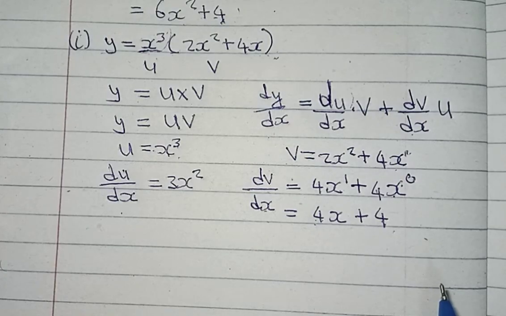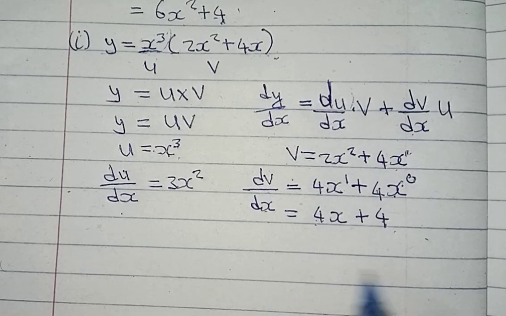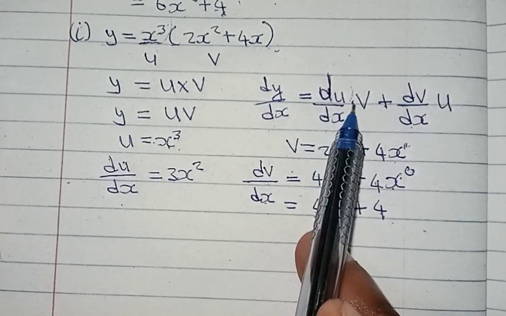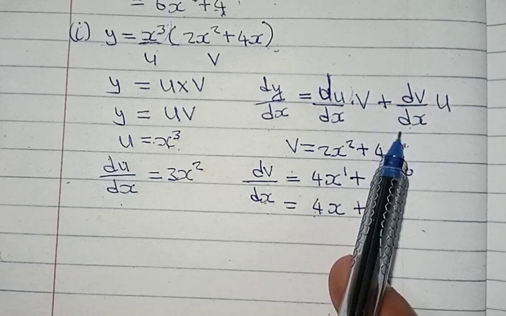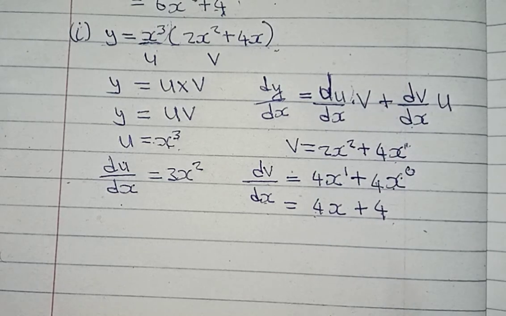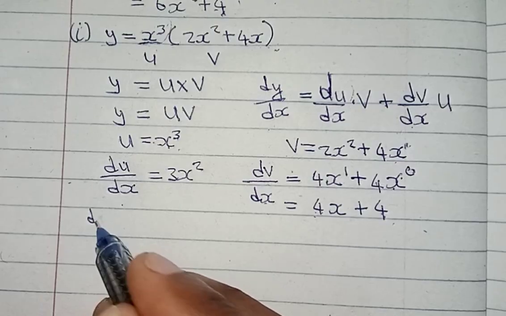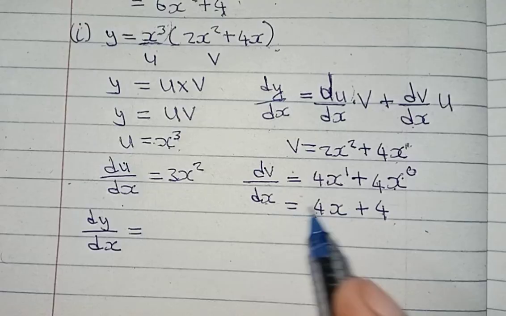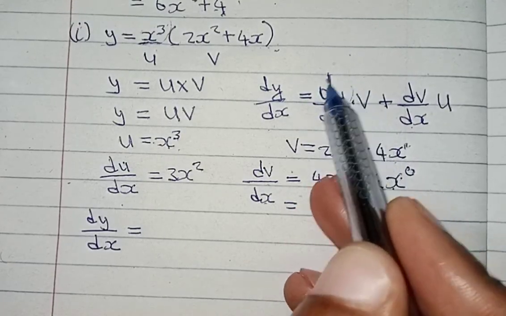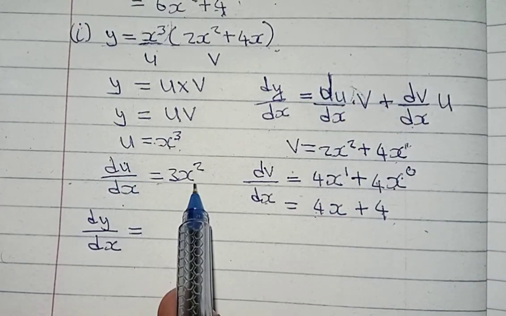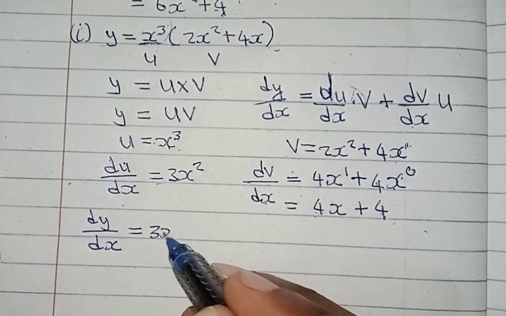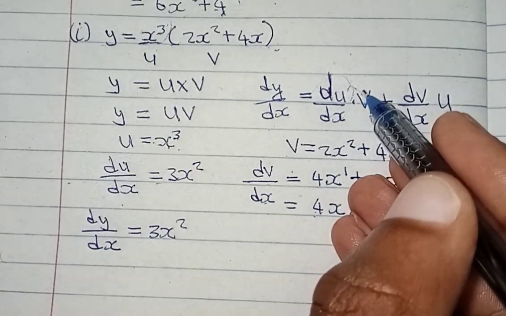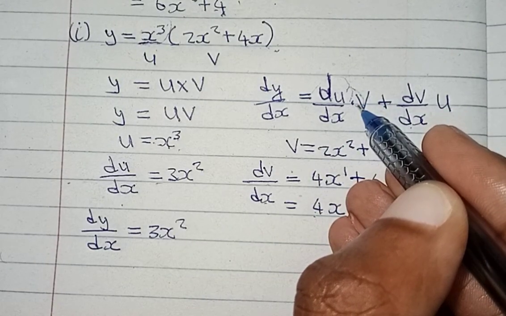Now let us find the final answer. So from this notation, we have dy/dx is equal to du/dx multiplied by the v function plus dv/dx multiplied by the u function. We make our substitution, so we have dy over dx is equal to du/dx. So our du/dx is 3x squared. We have replaced it here. We multiply this by v. What is our v?